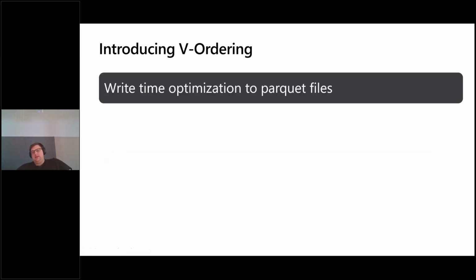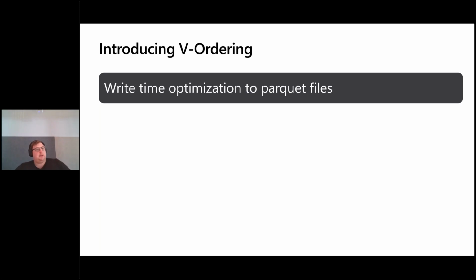Now, specifically in Fabric, we have something called V-Order. There is another standard out there called Z-Order. I'm not going to go too deep into that one, but be aware that it's out there too. V-Order means we apply a proprietary algorithm, just for Microsoft, so only our engines and software products can write this at the moment.